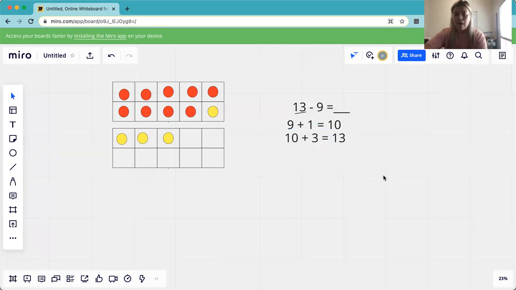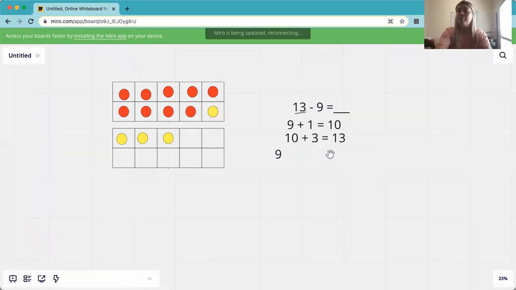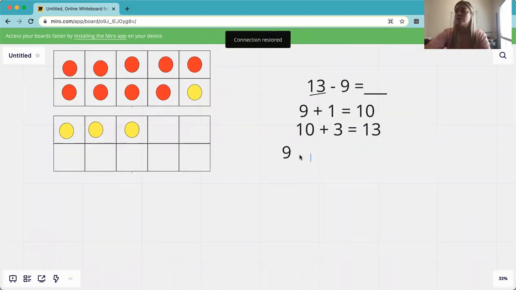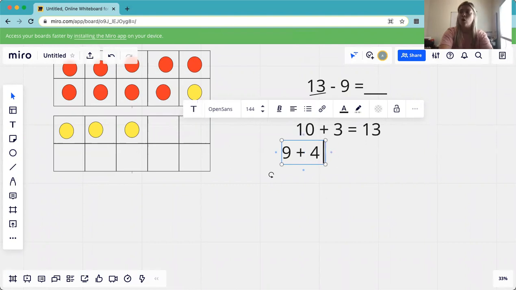And then I figured out that I had 1 here and 1, 2, 3 on the bottom. So I'm going to put that in. So I have 9 red plus I have 1, 2, 3, 4 yellow, which equals my 13.